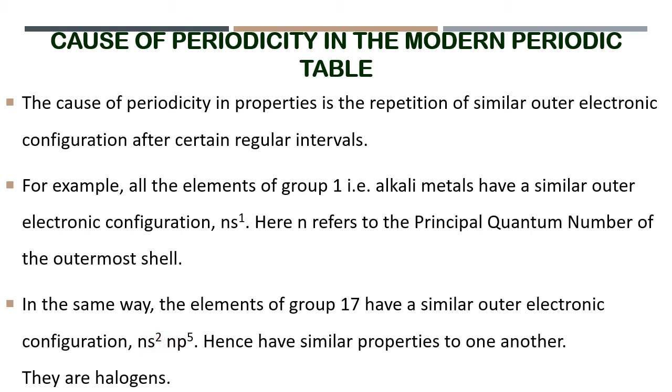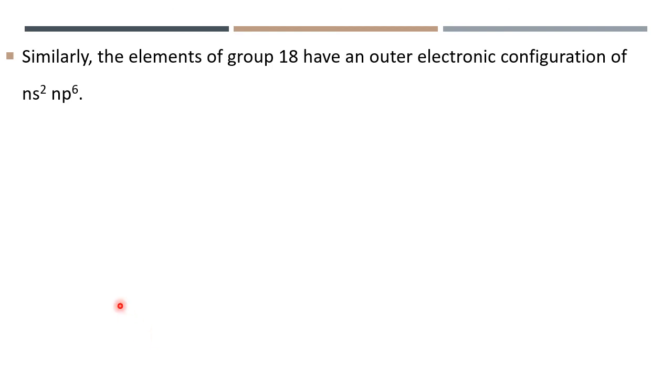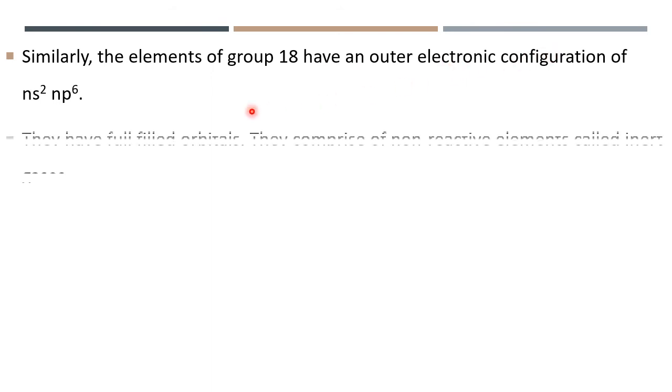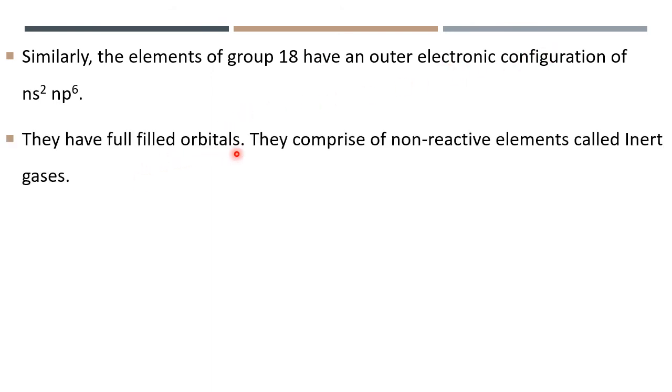Similarly, the elements of group 18 have the outer electronic configuration ns2 np6. They have completely filled orbitals. They comprise non-reactive elements called inert gases because the electronic configuration is full, ns2 np6. So they neither accept electrons nor give electrons, nor are they ready to share or coordinate.